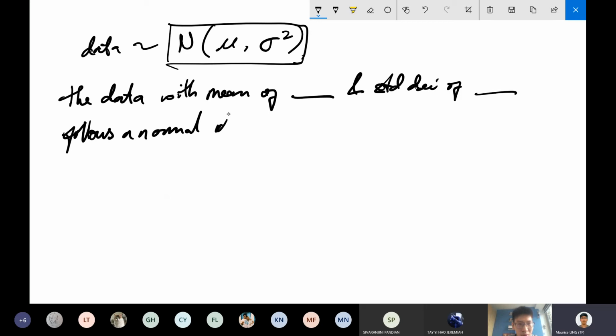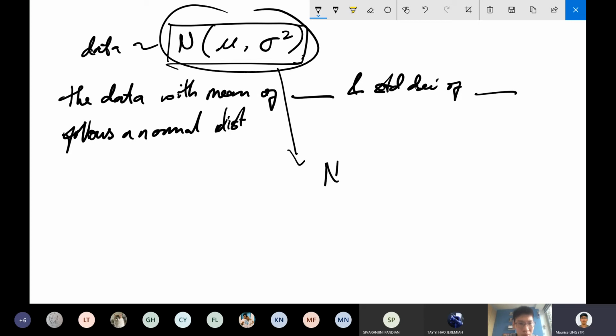Write it out in words. Because this is not easy to understand. Most of you are not mathematicians. What you need here is a variance. You will end up writing N with the mean and the standard deviation, which is wrong.